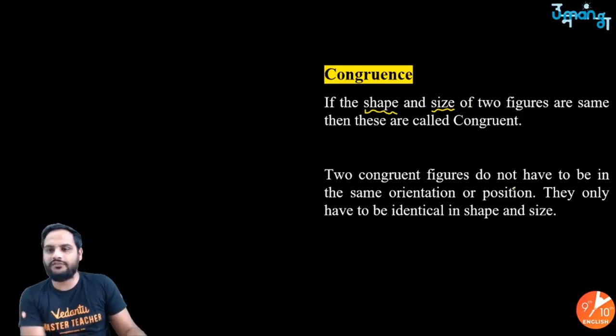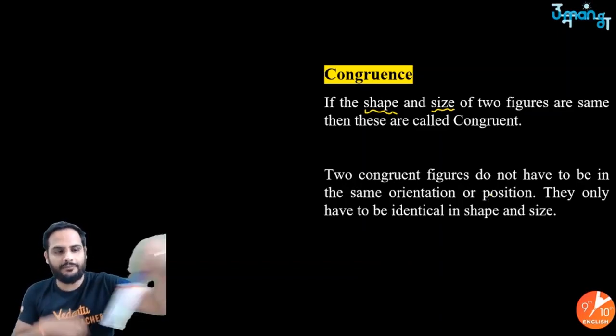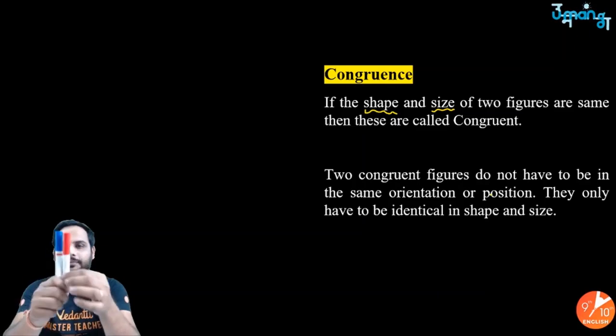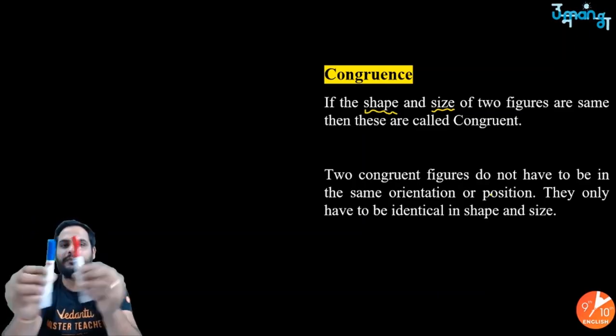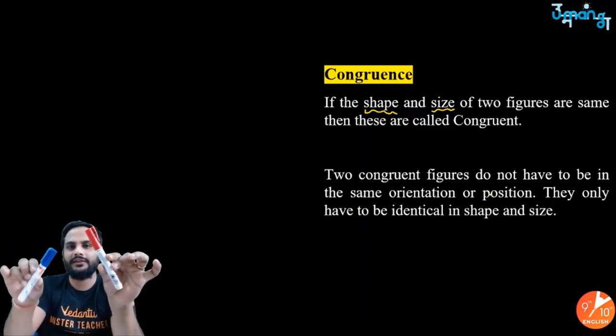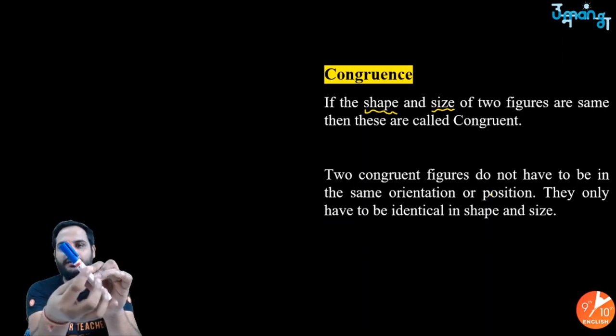So two congruent figures do not have to be in the same orientation or position. That means suppose I have two markers which are exactly equal in shape and size. It is not like every time I'll keep them in the same position. One can be like this, one can be like this. I can keep them on top of each other and check that yes, they are overlapping each other, so they are congruent.